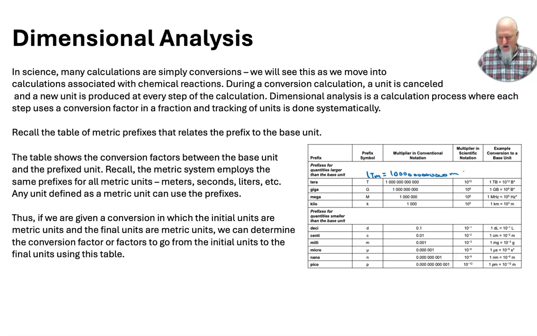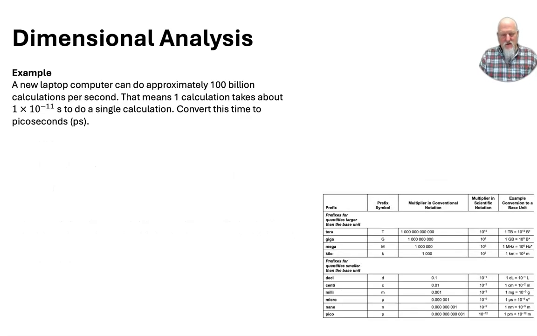Typically we wouldn't write it that way. We would write it as 1 times 10 to the 12th meters. So the prefix unit is equal to that number of the base unit. I've left the table here, but you can also print off the conversions that I gave you and use those.